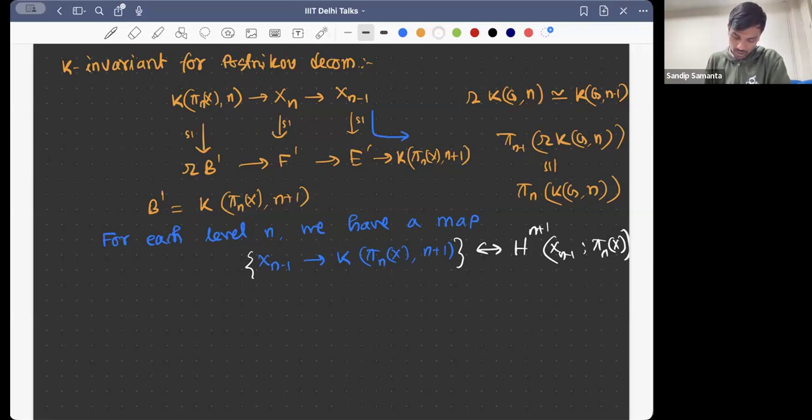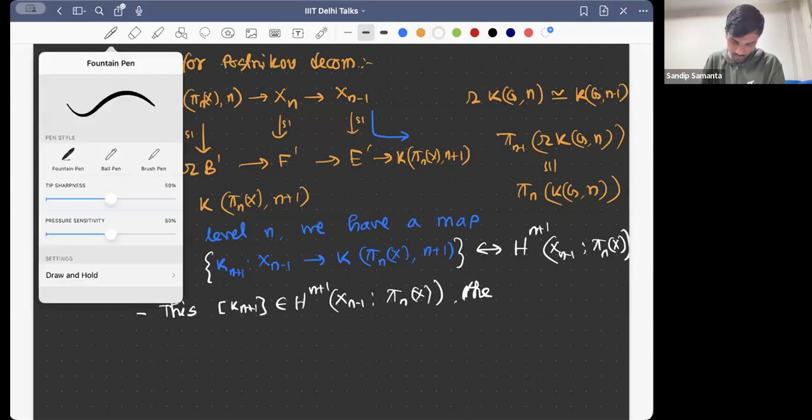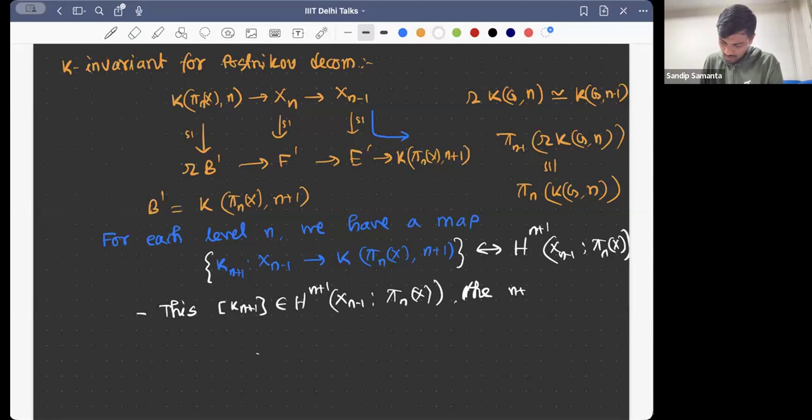We call this map k n plus 1, and this class k n plus 1, an element of H n plus 1 of X n minus 1 with coefficient pi n X, is the n plus 1 k-invariant for the decomposition.